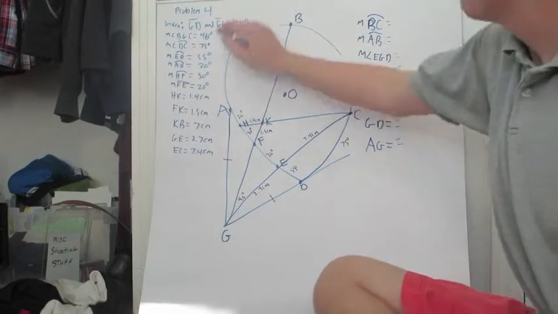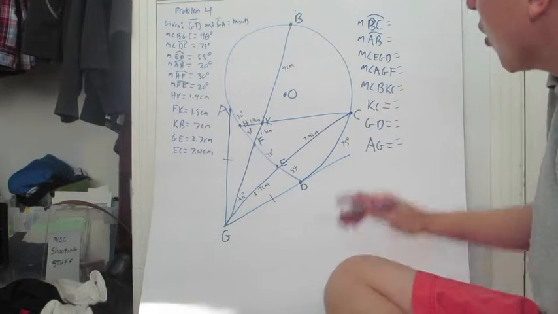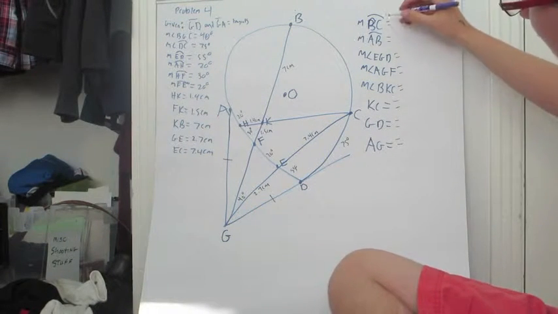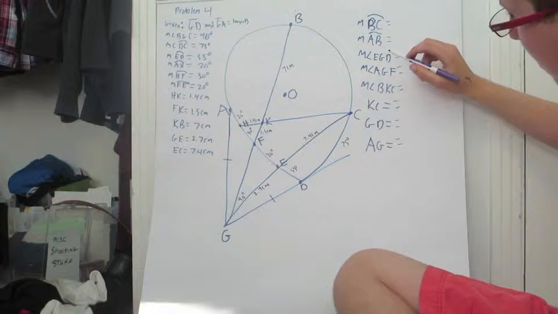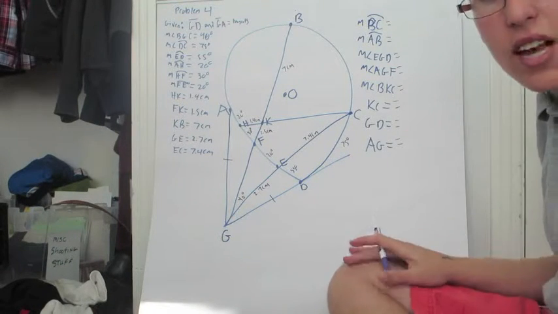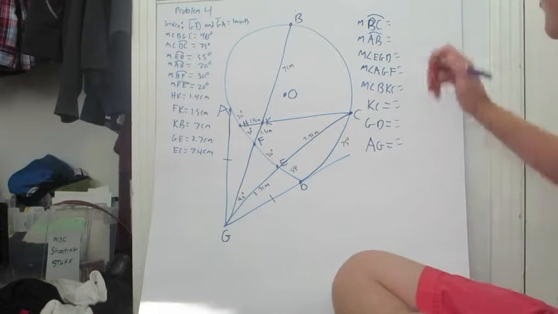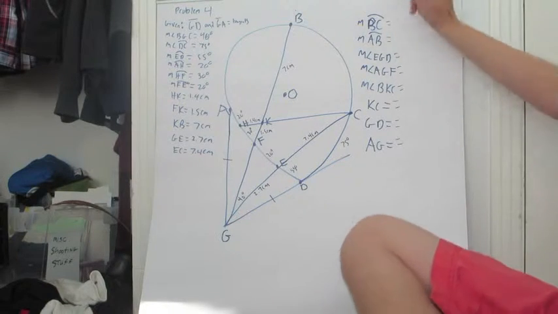Alright, so now that we've put in all of our givens, we can find the measures of these arcs, angles, and segments. So the first one that we can figure out is the measure of arc BC.